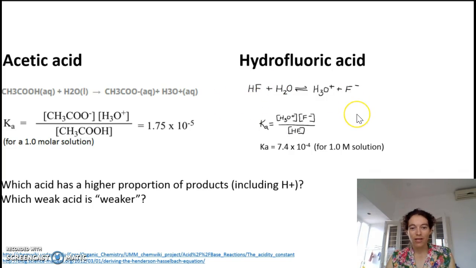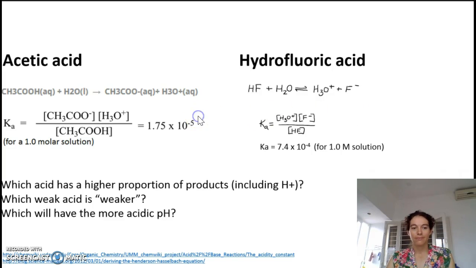So hydrofluoric acid is stronger than acetic acid. So think again now. Hydrofluoric acid is stronger than acetic acid. Remember, we're talking about the same molarity solution. You have to compare the same molarity solutions. Which will have the more acidic pH? Well, which one has more H+ ions?